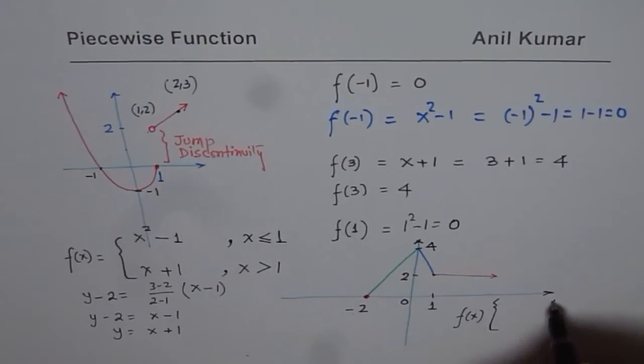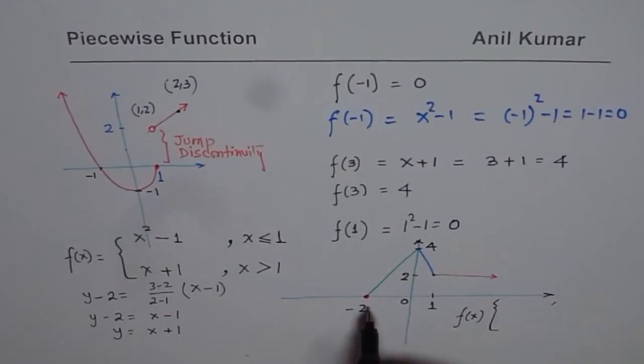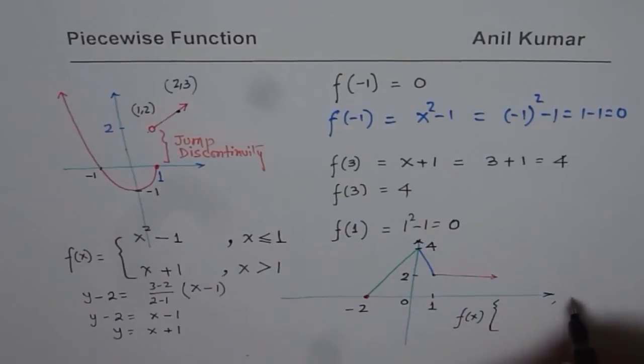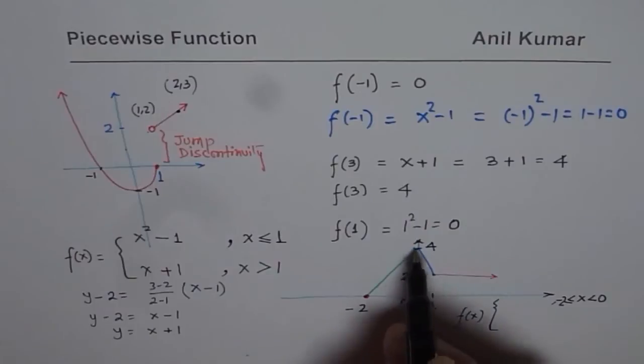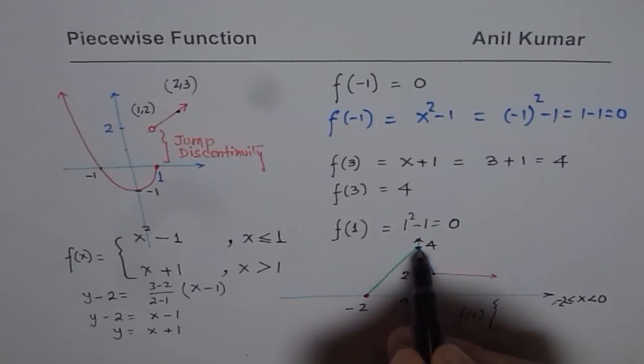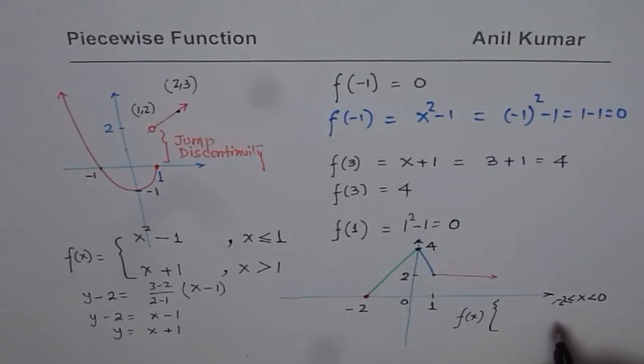One is when x is between -2 to 0, right? So when x is greater than equal to -2 and is less than 0. You could include 0 in any one of these pieces, right? So you could include 0 in any of these pieces.